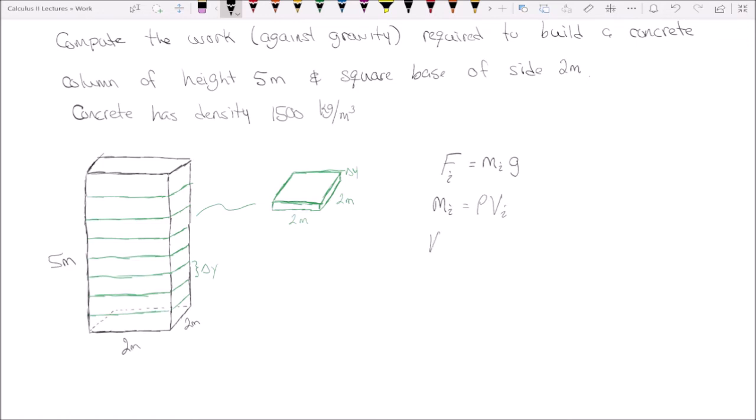Its volume is area of the base times its width. And the area is a fixed 4 square meters.